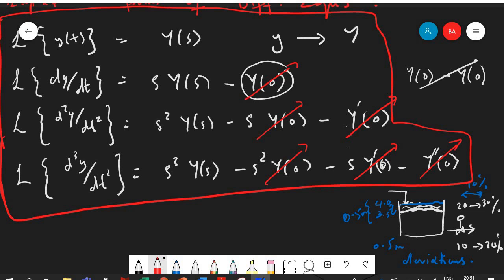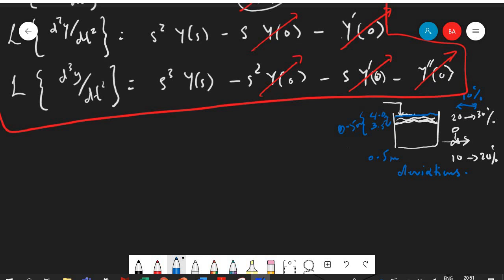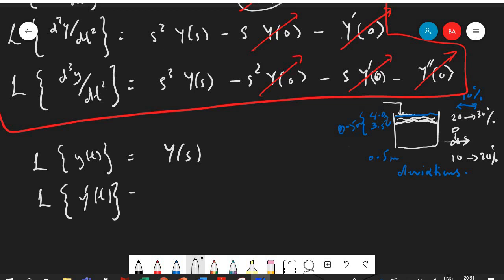And here we can see that things are going to be much easier, and it will be shortened to simple terms. I'm going to do that again just to feel comfortable about it. So Laplace for y of t, a normal y, would be y of s. And Laplace of y prime, the first derivative, is s y of s.